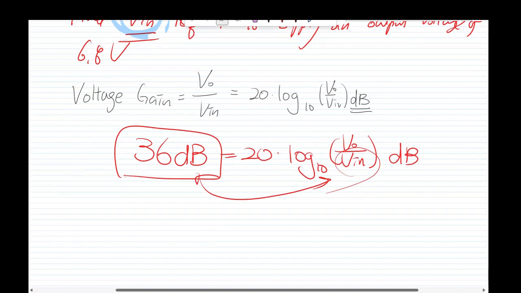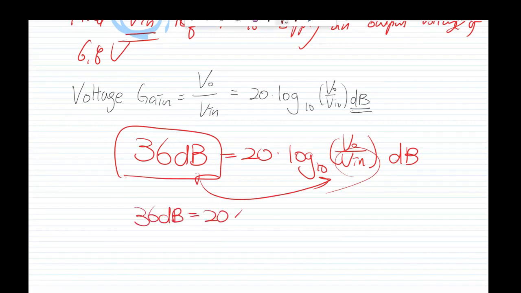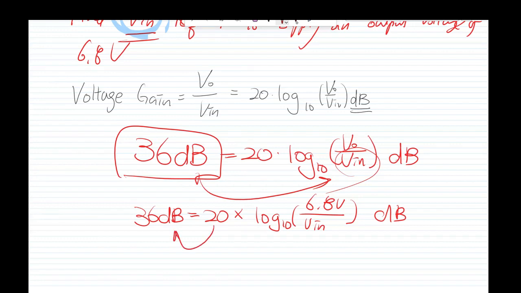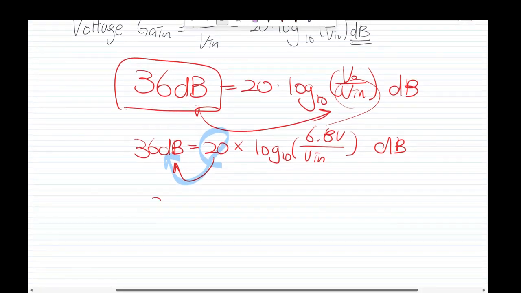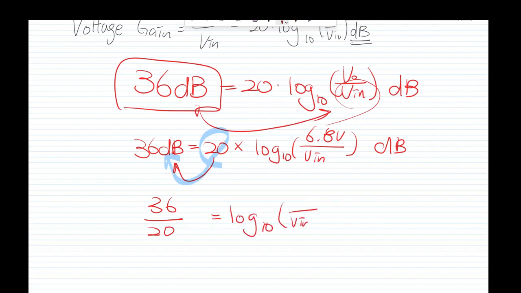One more time, I'm gonna write here 36 dB equals 20 multiply log 10, and then V sub in, what we wanted to find, and then 6.8 volt. Here it means 36 divided by 20 log 10 of 6.8 over V sub in.